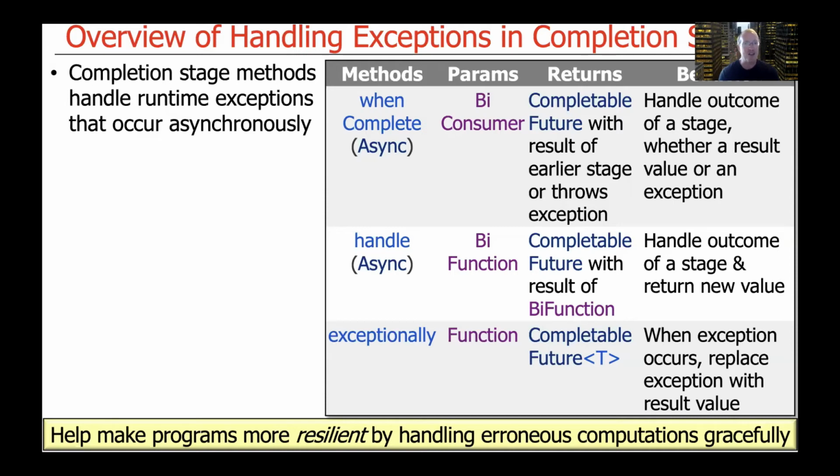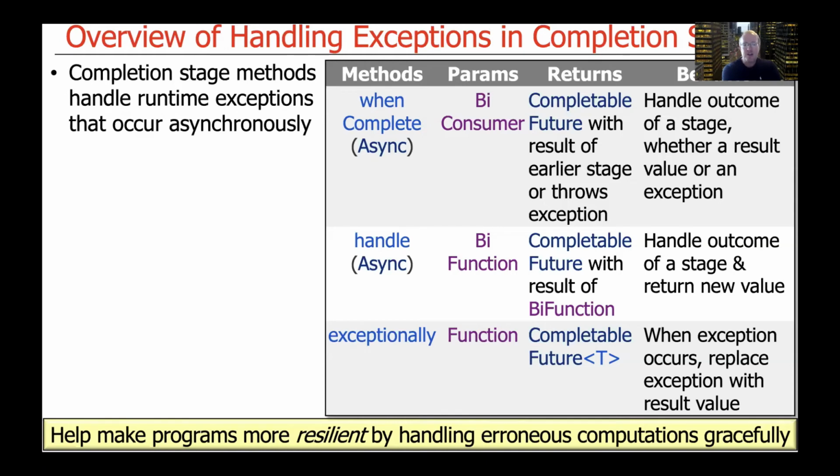If you want to actually handle them, there's another method called handle, which takes a BiFunction. That BiFunction is called differently depending on whether you got a normal result or an exception result, and we'll see how handle can be used. The third and final exception method in this grouping is called exceptionally, which is kind of a funny name.